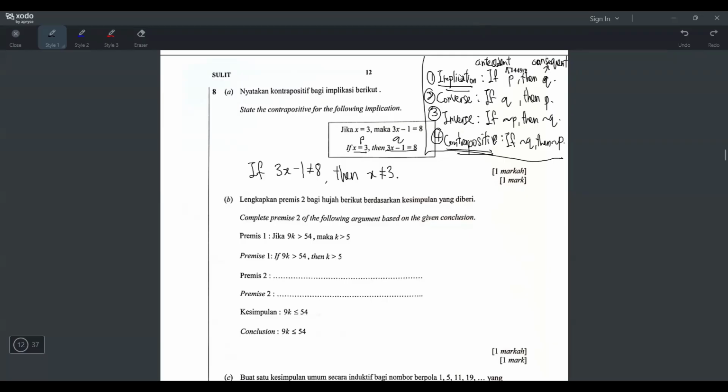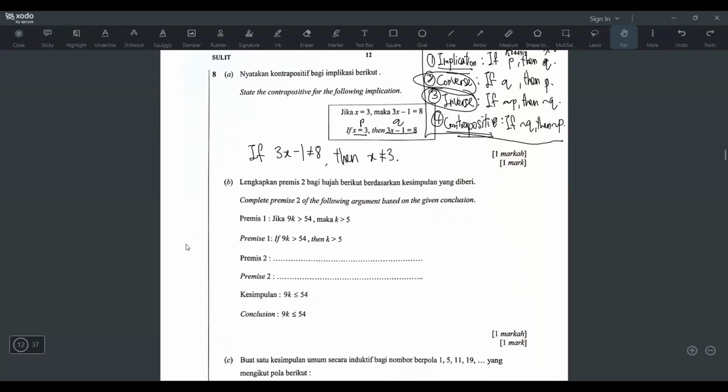If your original implication is true, then your contrapositive will also be true, and if your implication is false, then your contrapositive is false. And converse and inverse will also always have the same truth value. This question we never use that knowledge lah, but it's important to know this also. Okay, I'll just stop here.